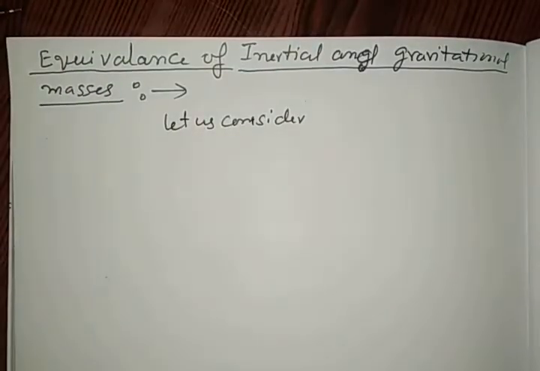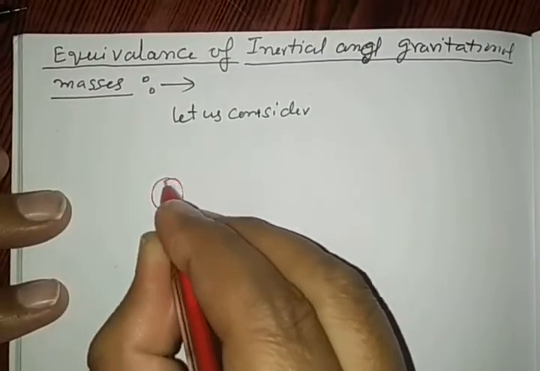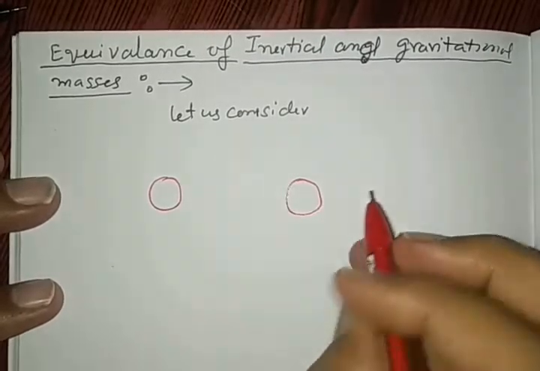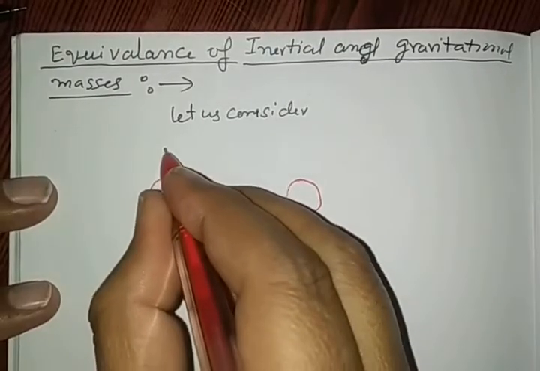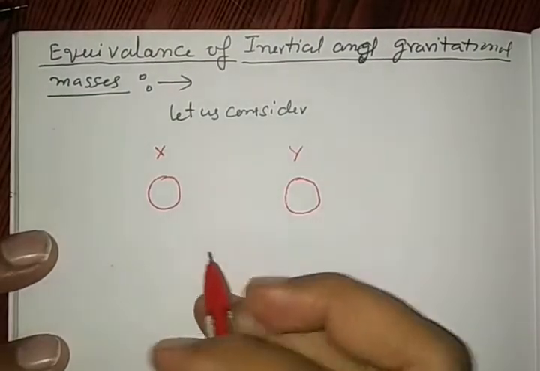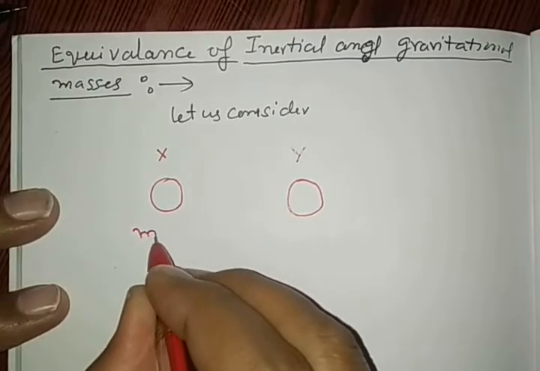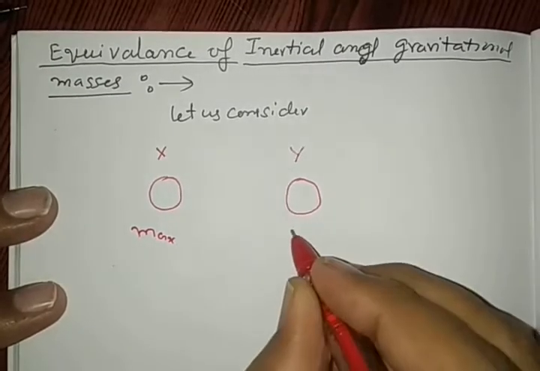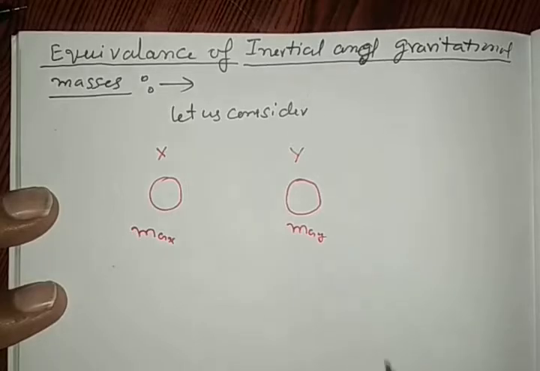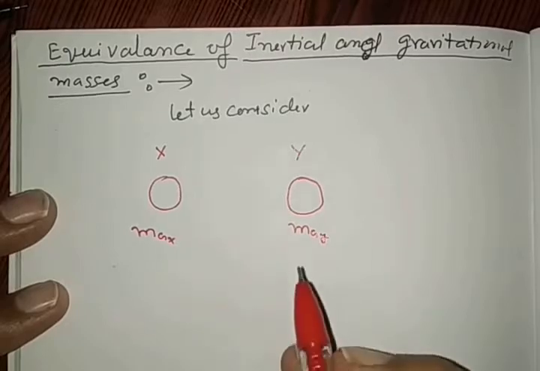Here we are going to see two objects, X and Y, having gravitational masses m_gx and m_gy. Clear? So their gravitational masses were given.